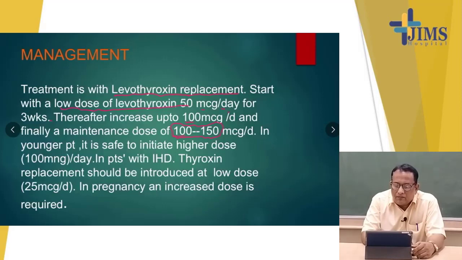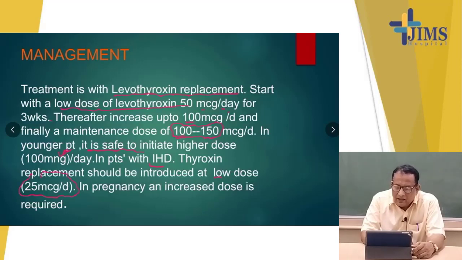So levothyroxine replacement is the treatment. Start low dose and titrate and gradually increase. But in younger patients, it is safe to initiate higher doses, 100 microgram. But in patients with ischemic heart disease, thyroxine replacement should be introduced at a further low dose, 25 microgram, and then gradually titrated.